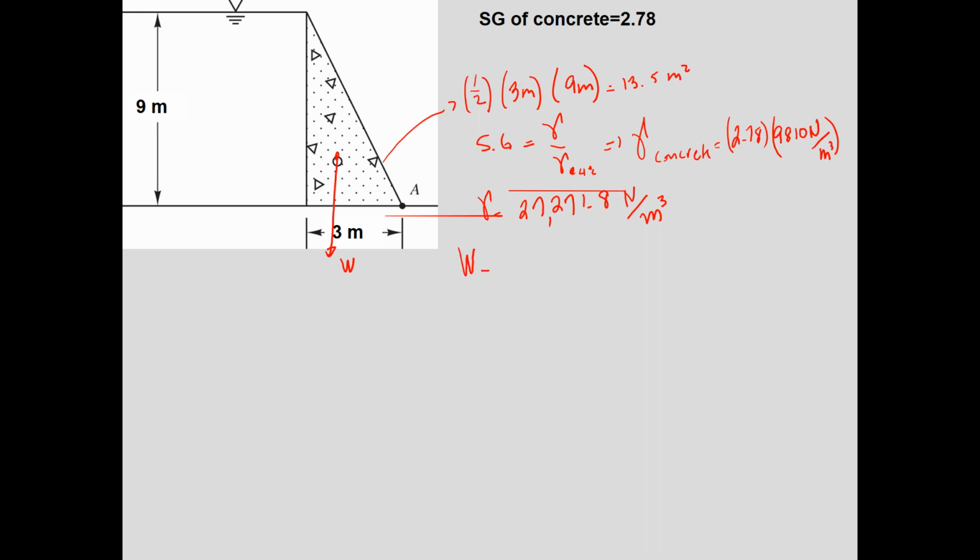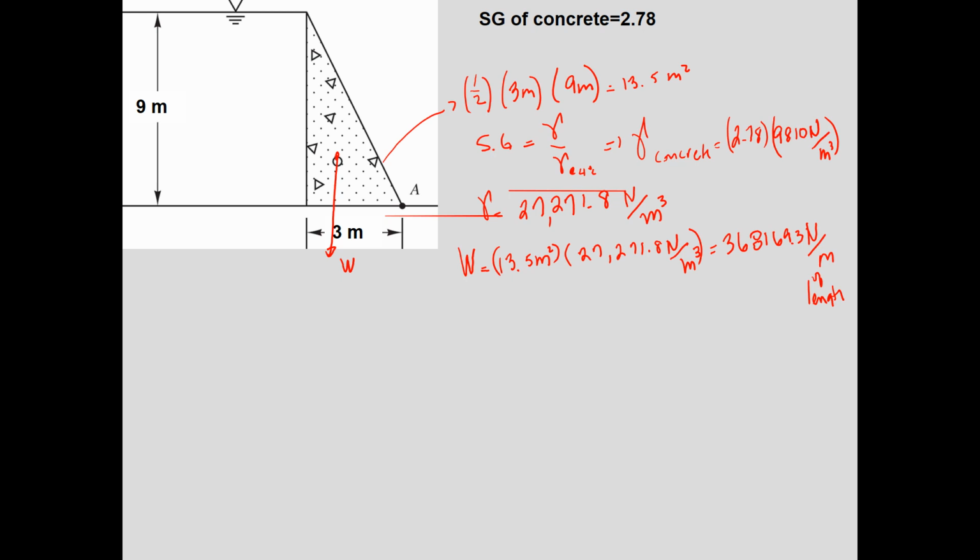So when I calculate the weight of the concrete, what I have is 13.5 square meters, writing the units is important, times 27,201.8 newtons per cubic meter. So this would be equal to 368,000 newtons per meter of length.